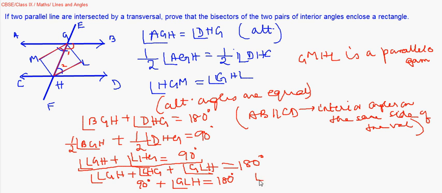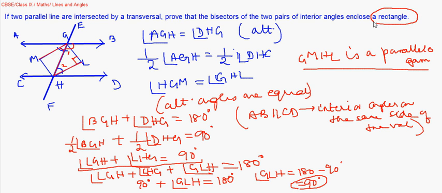So we get GLH to be 180 minus 90, that gives us 90. So now we have proved this angle to be 90. You can also do the same on the other side of the transversal. We had proved GMHL to be a parallelogram. We have now proved one angle of that parallelogram to be 90 degrees, thereby making GMHL a rectangle, which we were supposed to prove. Hope you followed it well. Thank you.